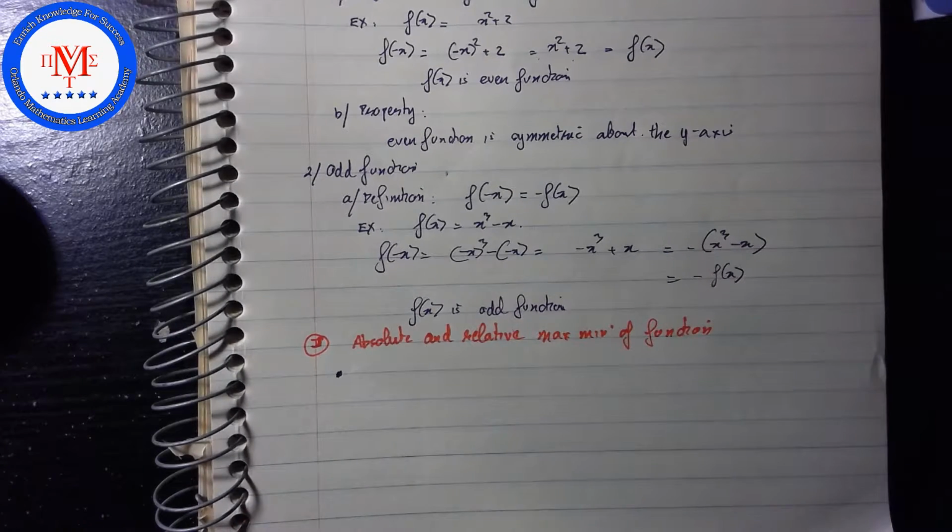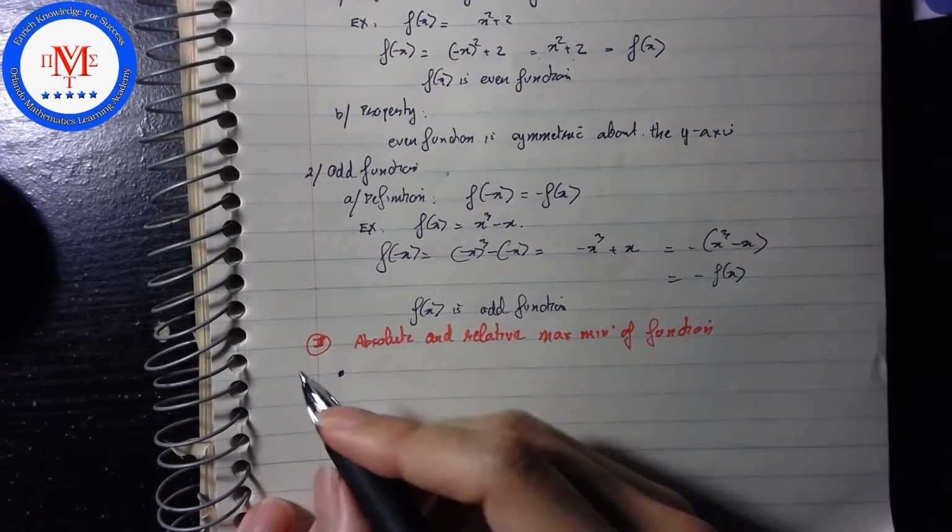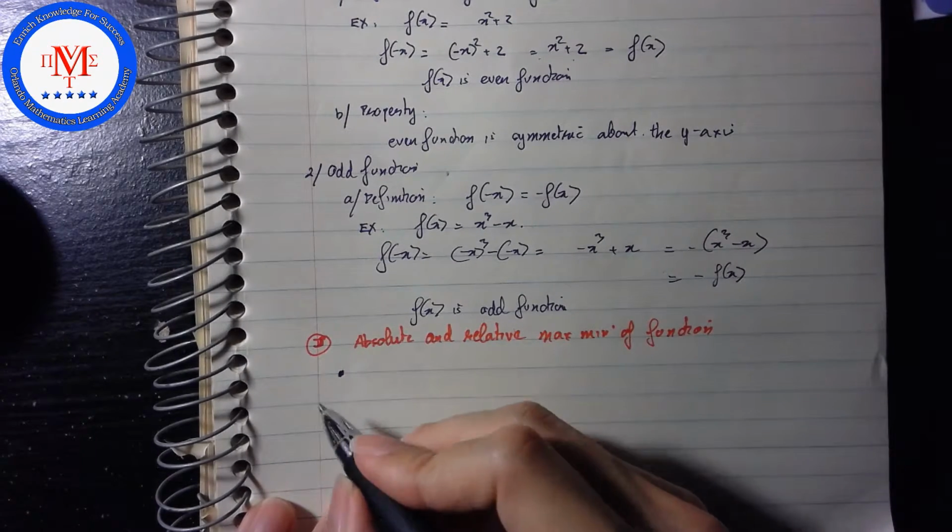Sometimes we have another name called global. The absolute extremum has another name, global minimum or global maximum. But first, let's go to the definition of the absolute maximum of the function.